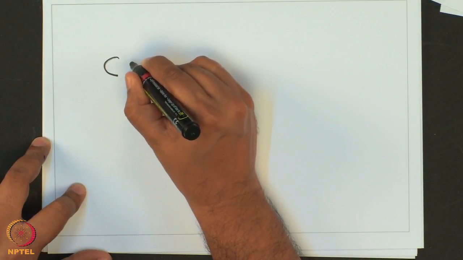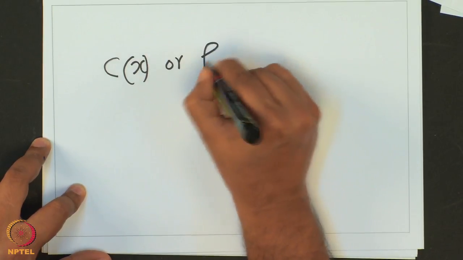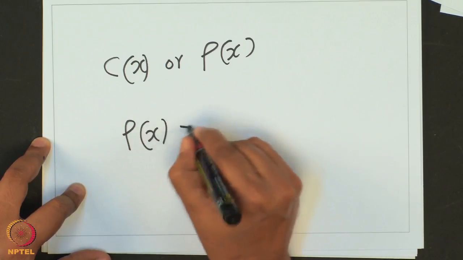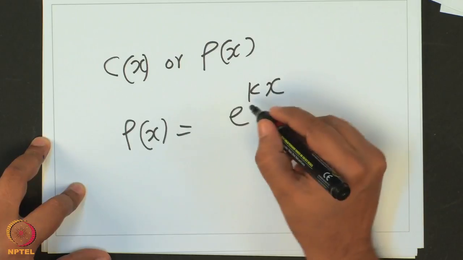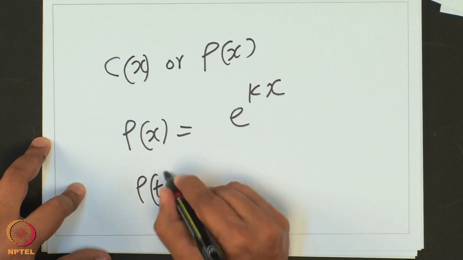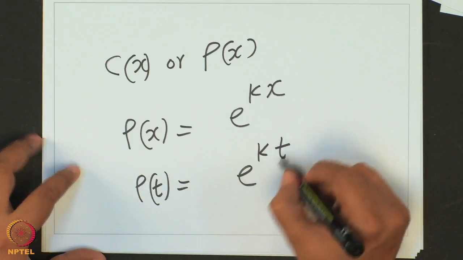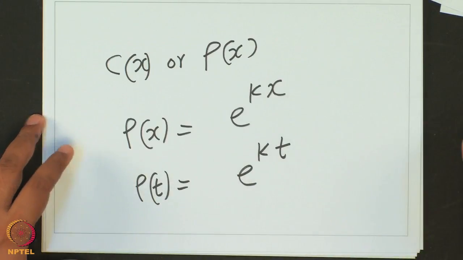So rho of x, or the concentration or density, let us say the bacterial density, you could write as e power kx, or e power kt, rho of t. At any time the density is e power kt, and this k would have appropriate meaning, and we could get this.